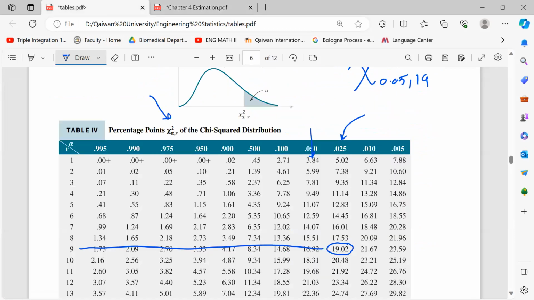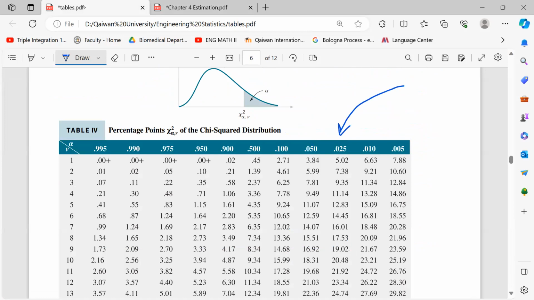We go on to the table. The table is given in the exams. Look, what's 0.025? It's 0.025. Then find 9 in this side also. Okay, this is the second component.